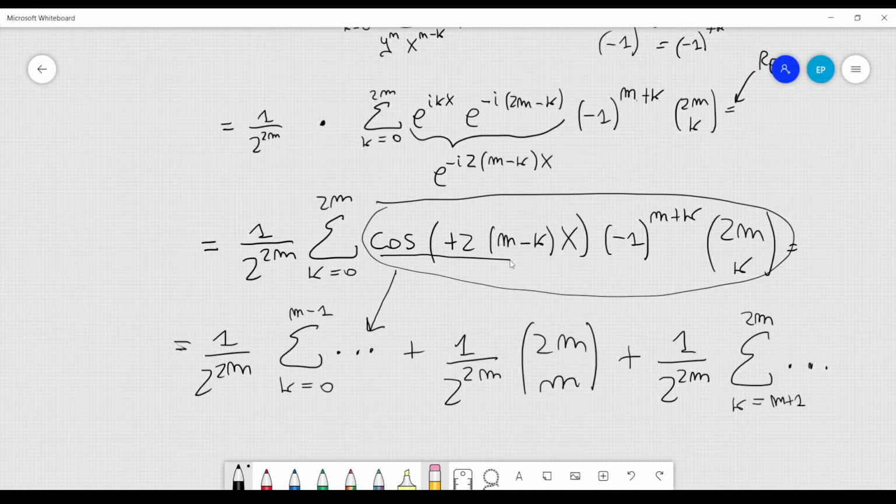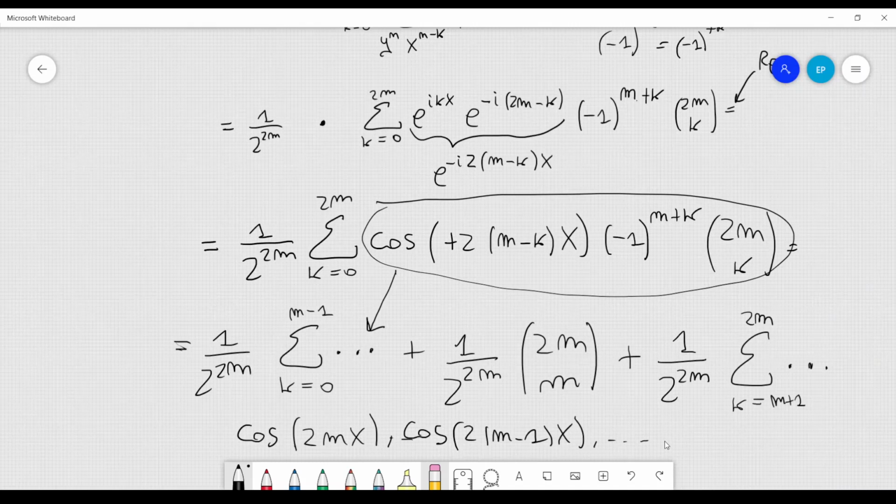Because, for example, the first summation will contain cosine of 2mx, and then it will also contain cosine of (2m minus 1)x, and all the way down to cosine of 2x, because I have 2 times (m minus (m minus 1)), which is 1, so I have 2x.